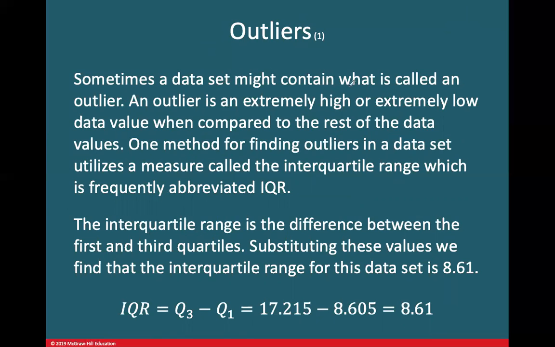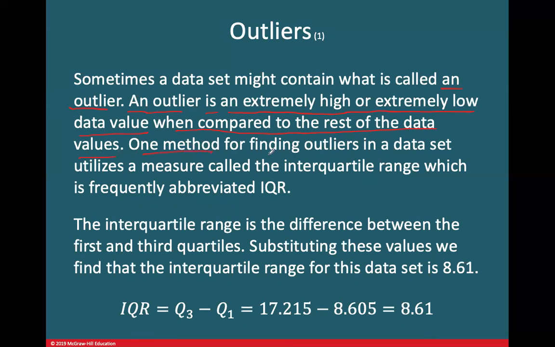Sometimes a data set might contain what is called an outlier. Yes, it's very important. Be careful right now. What is the definition of an outlier? An outlier is an extremely high or extremely low data value when we compare it to the rest of the data values.